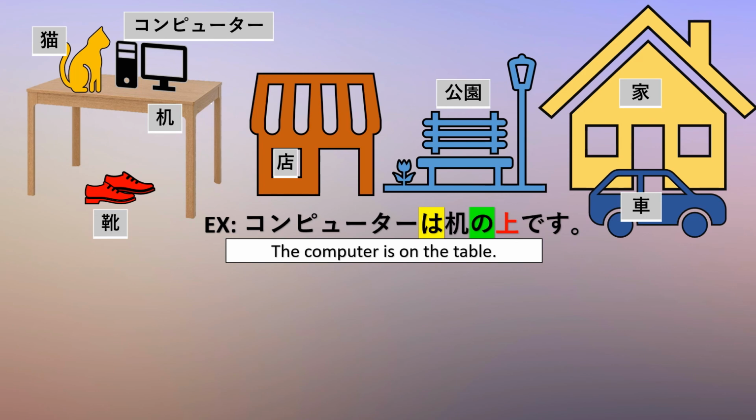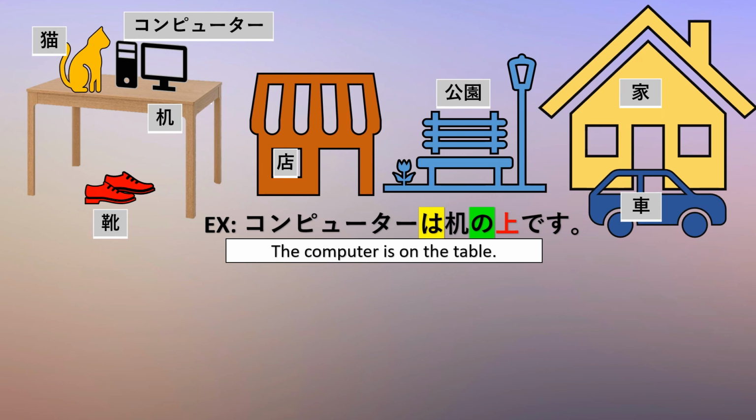The computer is on top of the table, or is on the table. Computer wa tsukue no ue desu. Okay, there are a lot of combinations here, so you can just create or formulate two or three sentences. Okay, so you can pause the video.